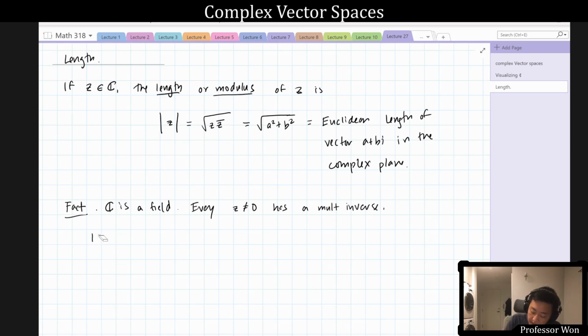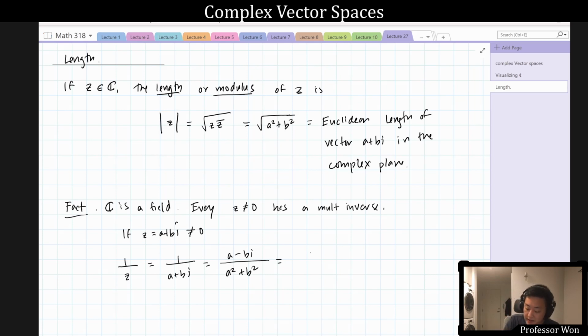But if z is equal to a plus bi, then of course it's non-zero, so you can't have a and b both be 0. So it's 1 over a plus bi, and you can multiply it by the conjugate on top and on bottom, right? That's just multiplying by 1. So that's all I did there.